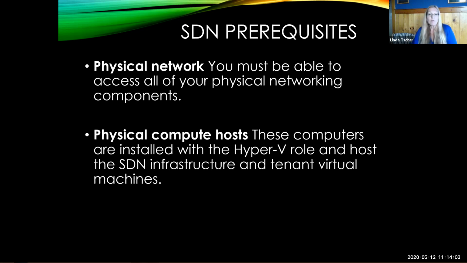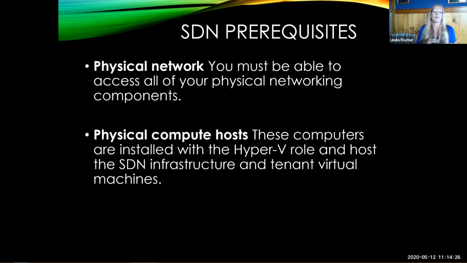So some of the prerequisites: you need to determine your deployment scenarios and your network requirements for deploying SDN. Before you can deploy it, you have to make sure that your network infrastructure meets some of these requirements. They fall into two broad categories. We've got the physical network. So you have to be able to access all of your physical networking devices and components.